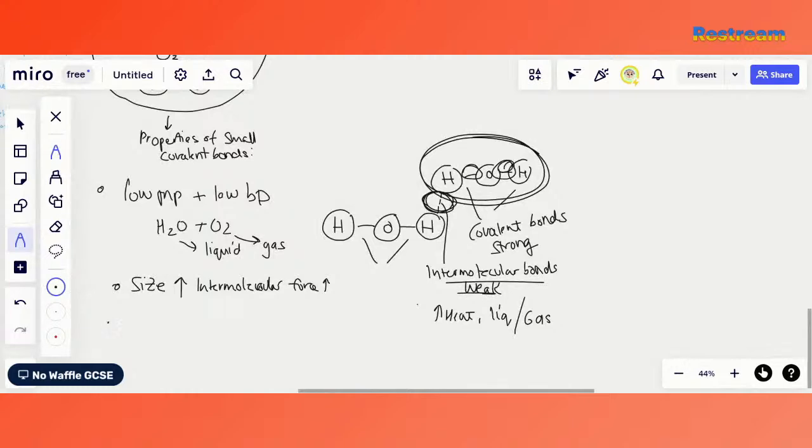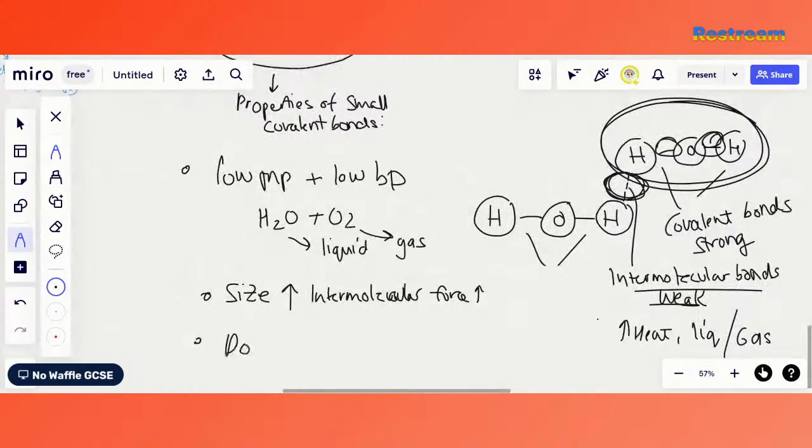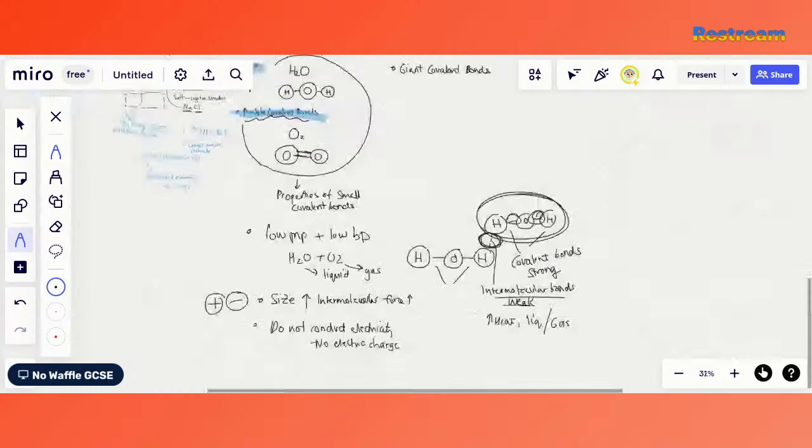Now, the final property of small covalent bonds is that they do not conduct electricity. Now, the reason why is because they do not have an overall electric charge. There's no overall electric charge because the positive charges cancel out the negative charges, therefore forming an overall charge of neutral. Therefore, there's no electric charge.